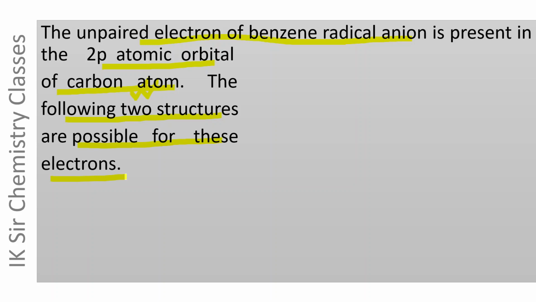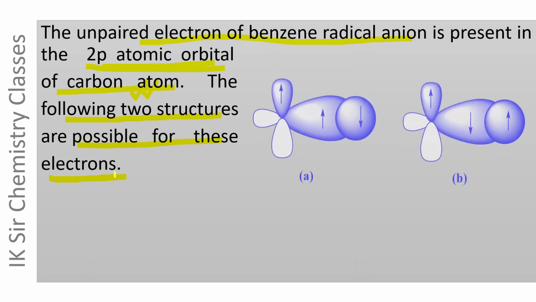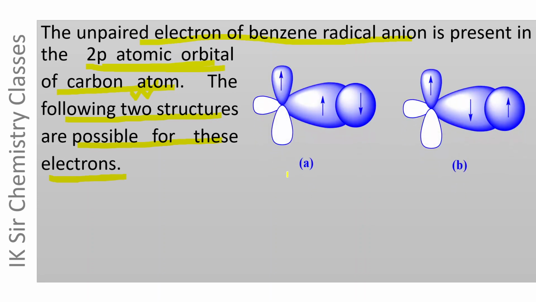There are 3 electrons. 2 electrons are present in the CH bonding orbital and 1 electron is present in the 2p atomic orbital of the carbon atom, and 2 structures are possible for these 3 electrons. This is possible structure number A and this is possible structure number B.